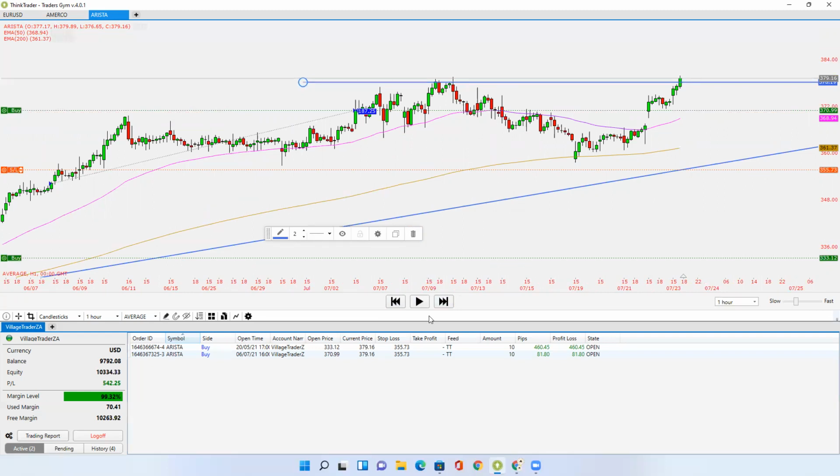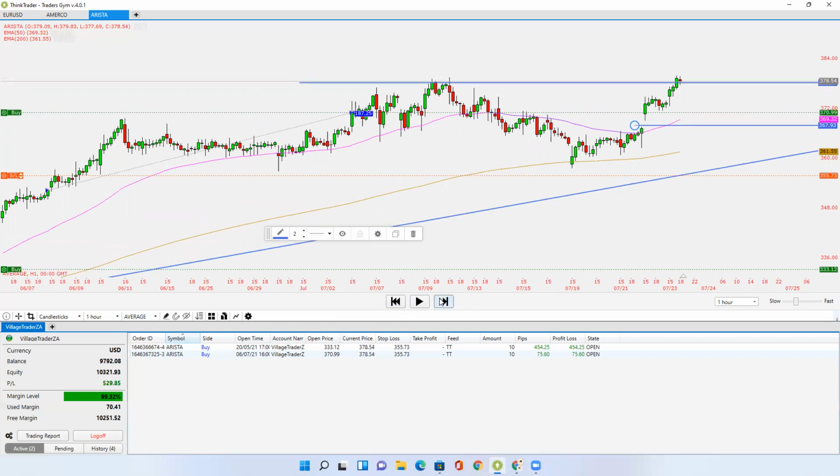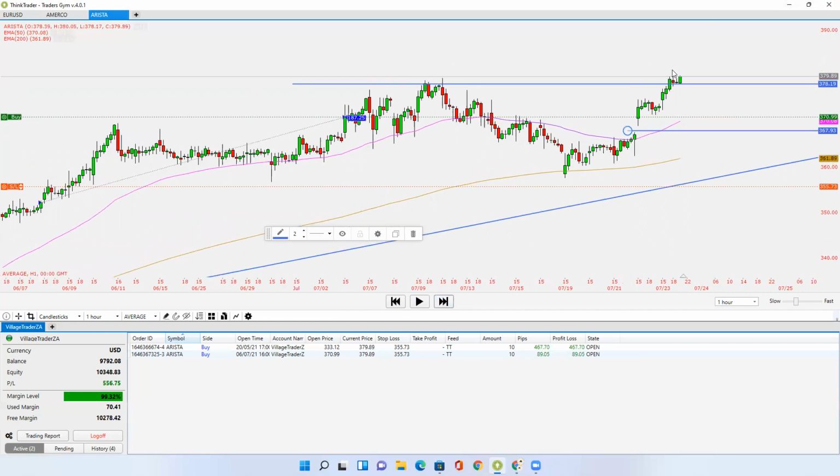What I want to do is wait for that breakout candle to be taken out, especially if I'm planning to push my stop quite aggressively, for example, just in between that gap. So instead of just jumping in immediately, I would want to wait for that to get taken out.